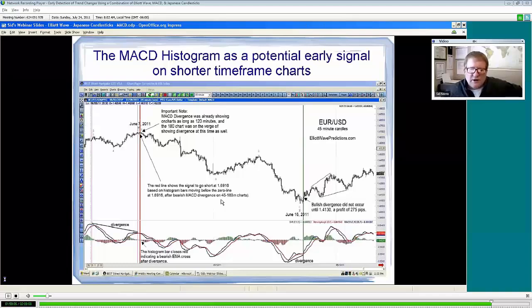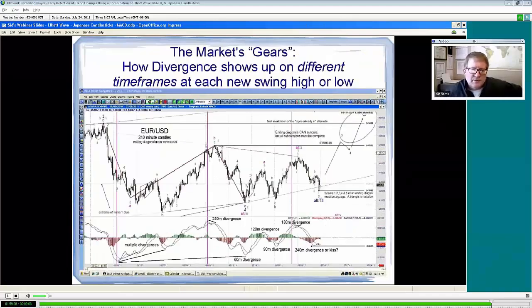when we look at a particular post that I sent out, it would have been back on this day, around the first week of June. This divergence was definitely looking like it was going to complete right here on a 240-minute chart.